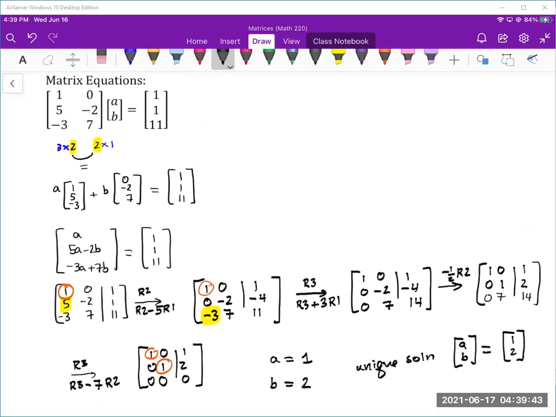Because this corresponds to a system of equations, we might have 0 solutions, we might have this single unique solution, or we might also see infinitely many solutions. We're going to try one more example of this type of problem.